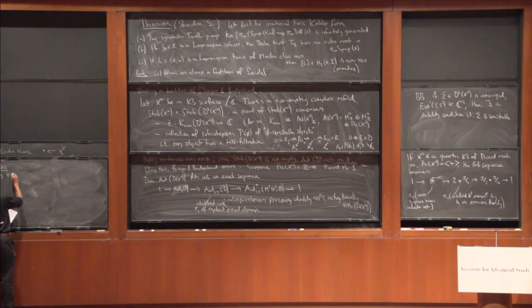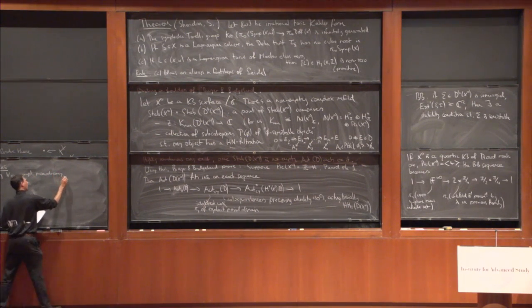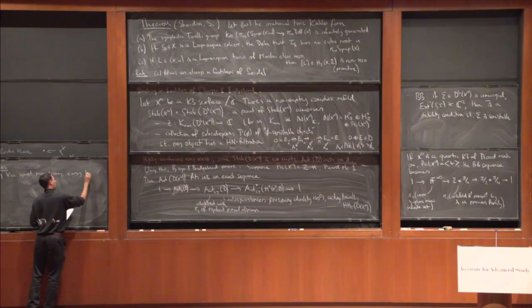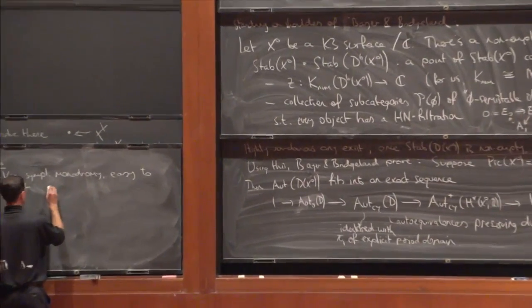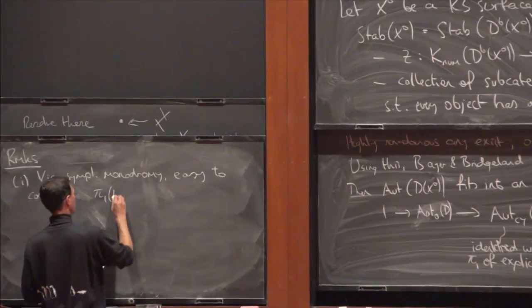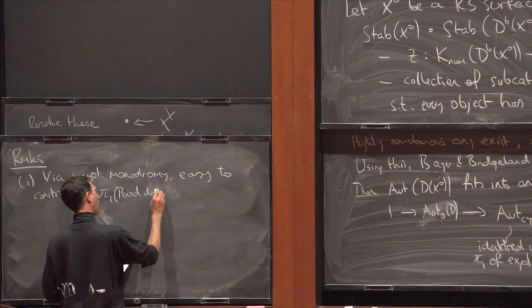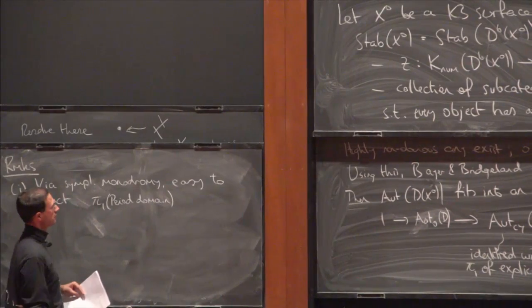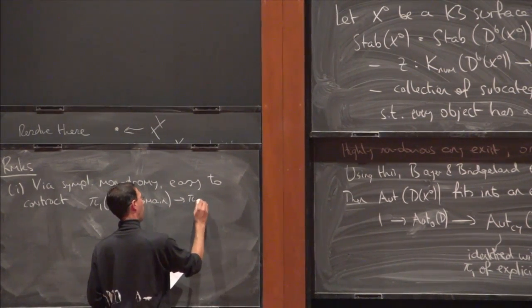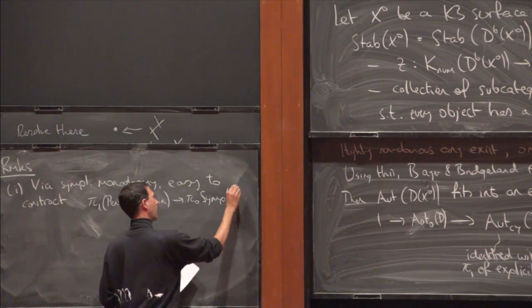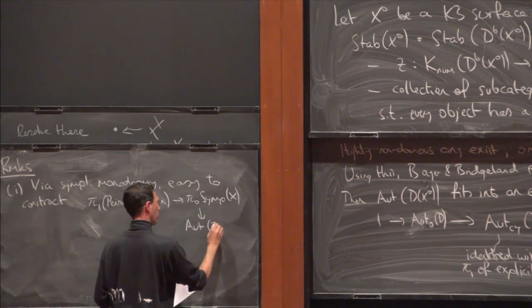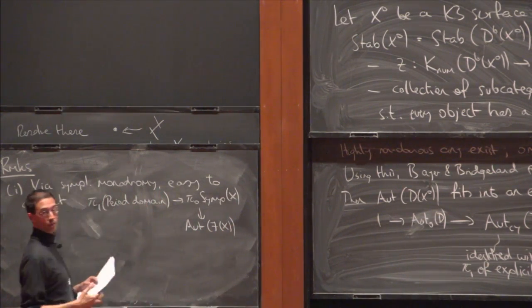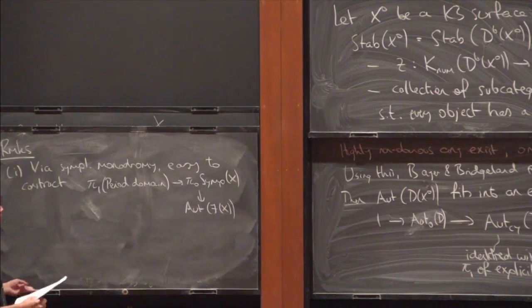So via symplectic monodromy, it's easy to construct a homomorphism from pi 1 of this period domain, this Z star Z mod 4, to the symplectic mapping class group of my mirror quartic, which then acts by autoequivalences of the derived Fukaya category of the mirror quartic.